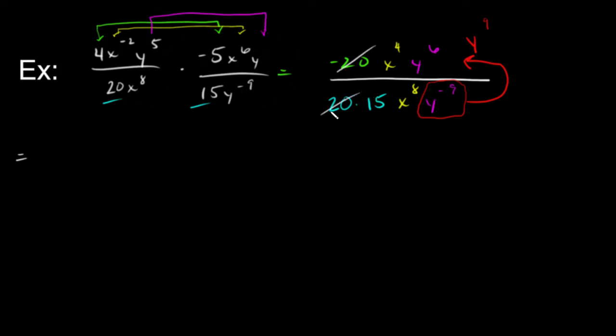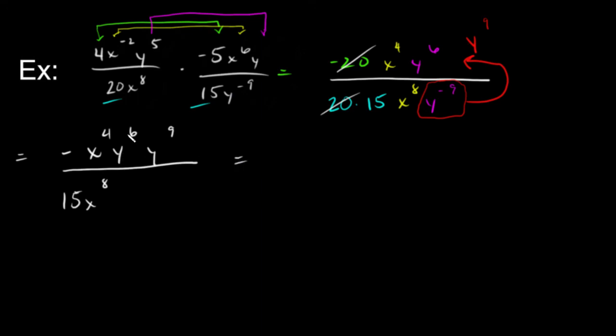All right. So here's what I want to do. First things first, I'll write my fraction bar. The negative sign stays, so that's still going to be negative. Then I'll do this one step at a time. You've got x to the 4th, y to the 6th, and then the y to the 9th, right? Because that y to the 9th moved up. And then down here, your 20 canceled, and so you've got 15 x to the 8th, and the y moved, so it's not here anymore.